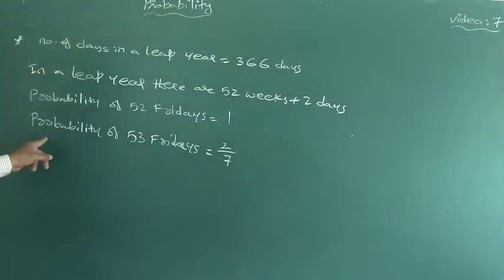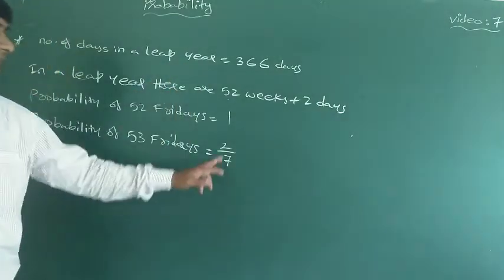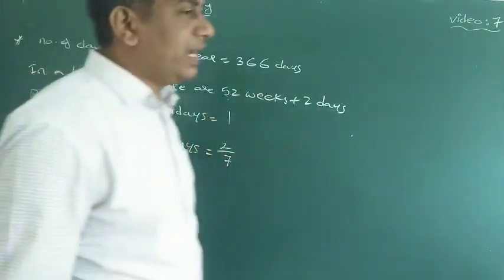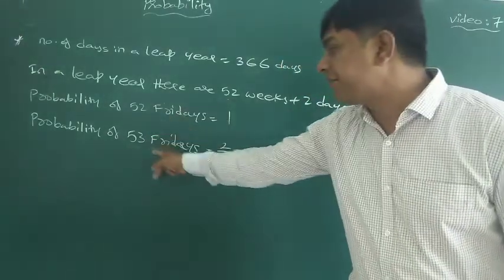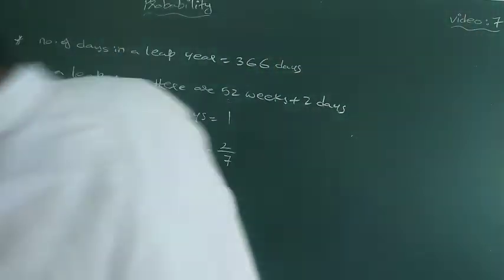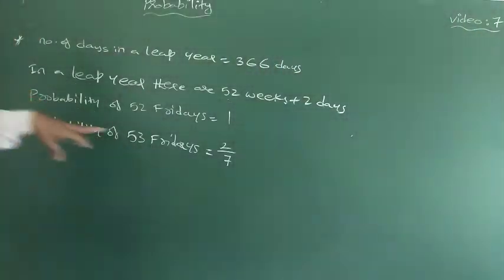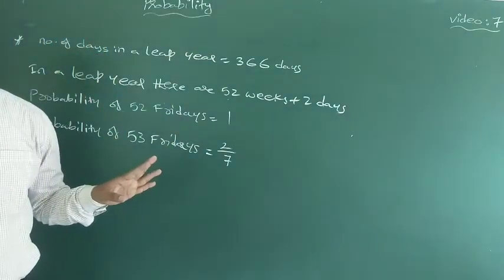In a leap year, for 53 Fridays, 53 Mondays, 53 Saturdays, whatever they give, it is 2 by 7. The probability of 53 Fridays is 2 by 7. Whatever they ask, 53 Sundays or Mondays in a leap year, 2 by 7. In a non-leap year, 1 by 7.